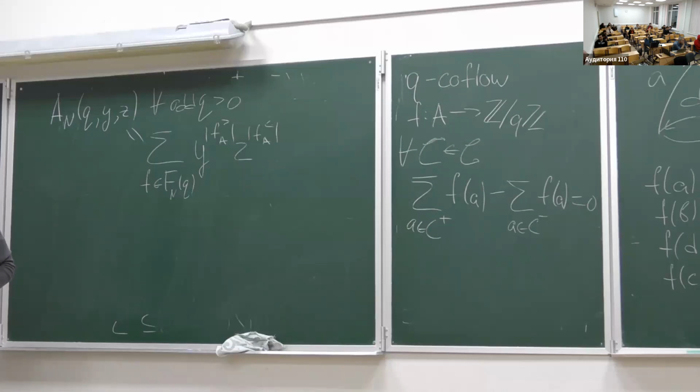Он зависит от одной переменной, перечисляет потоки, всюду ненулевые потоки со значениями в абелевой группе из q элементов, ну, например, в группе вычетов по модулю q.